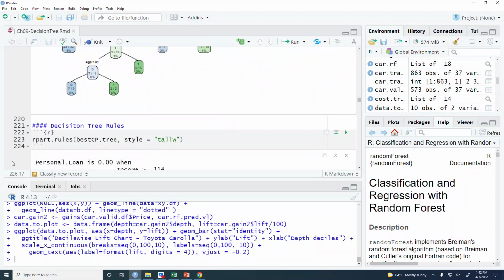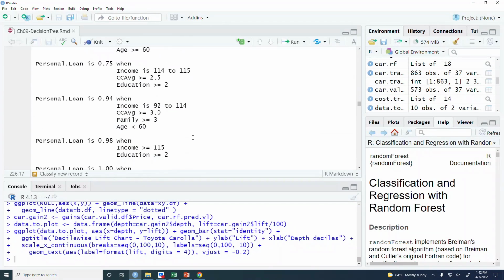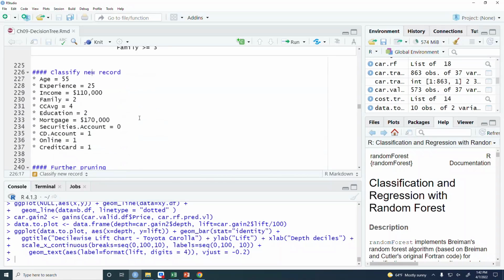tree. If you run the rpart.rules, you're going to get all the rules printed. The rules will be for each of the leaf nodes. What is the path that you take from the root node to each of the leaf nodes? That's what is given here. And let's take a hypothetical new observation.